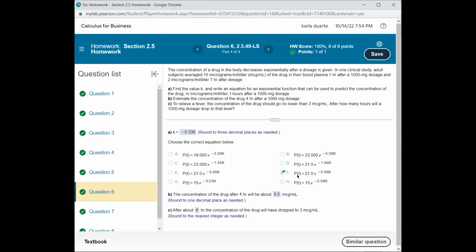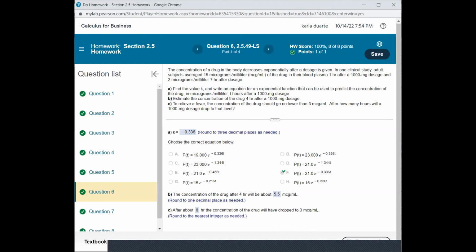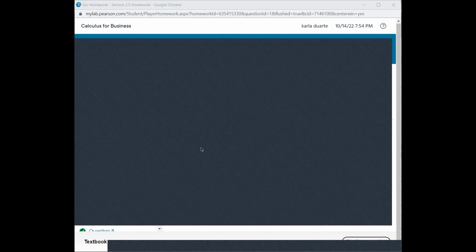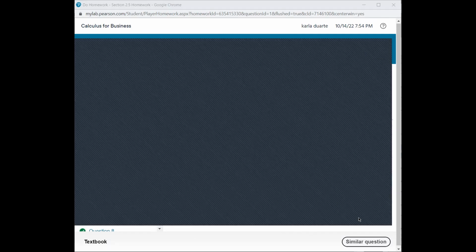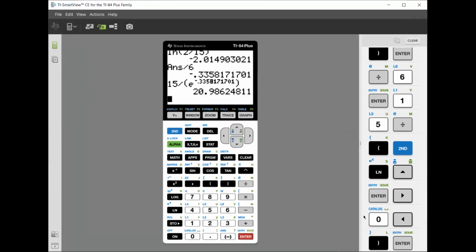So in this case, it's going to look like this. I'm going to come back to the calculator here and plug in my numbers. So I'm looking for my concentration.